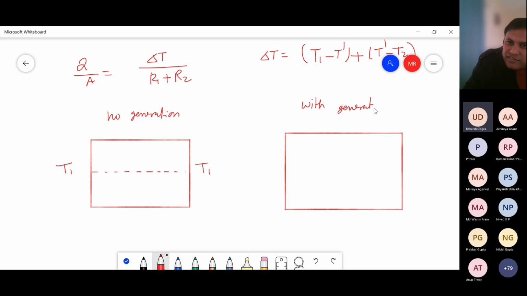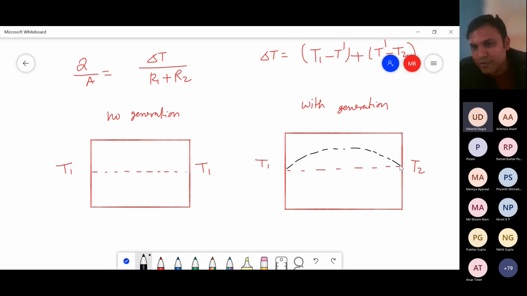With generation, let's say T1 is here and T2 is here, my temperature profile will not be like this, but instead my temperature profile will be like this. Did you get it? What I'm trying to say? Yes, sir.